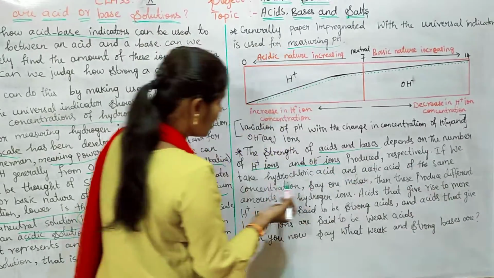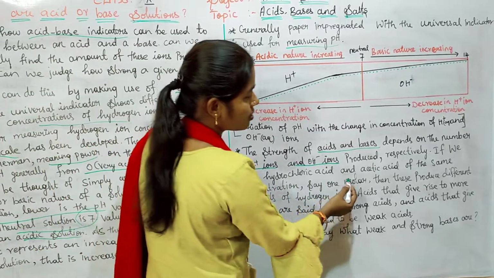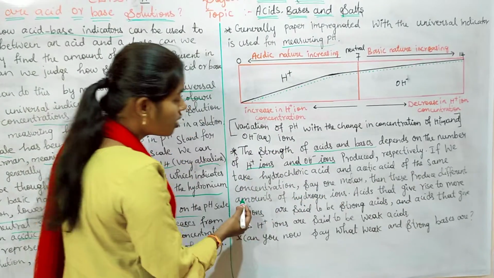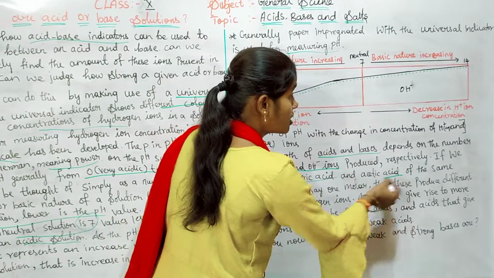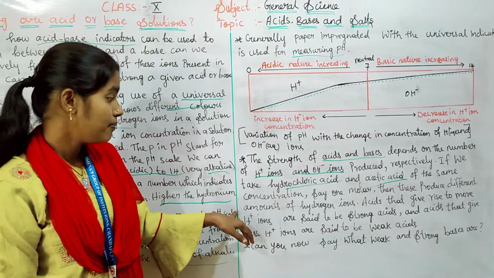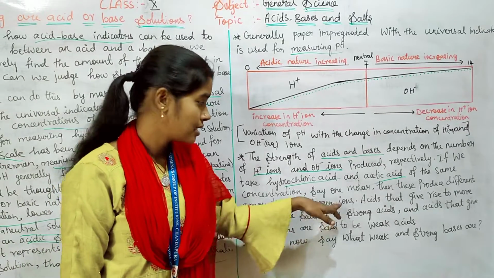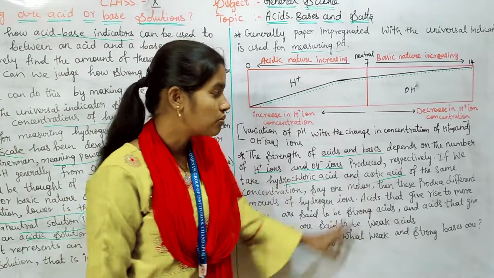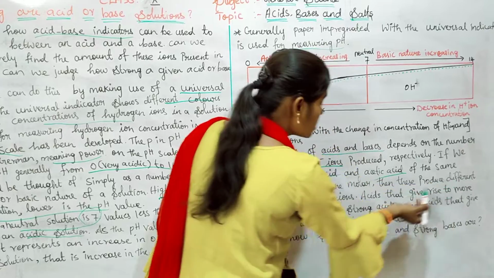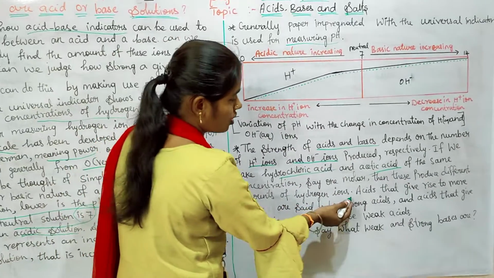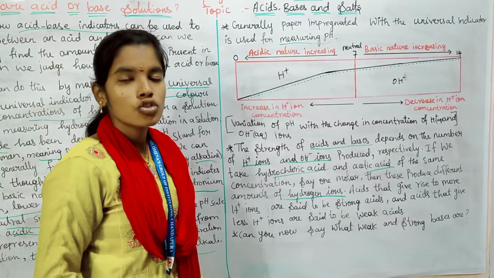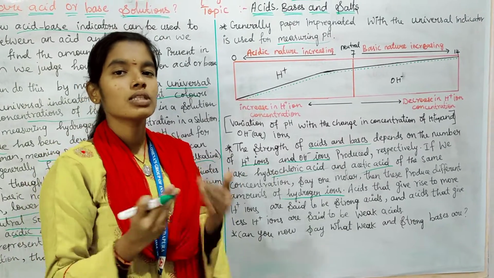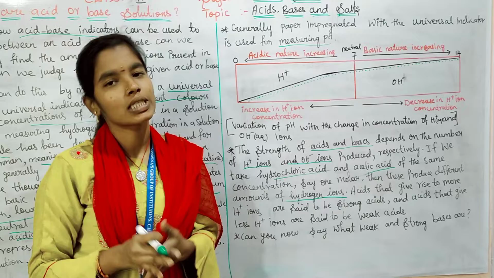If we take hydrochloric acid as well as acetic acid of the same concentration, say 1 molar, then these produce different amounts of hydrogen ions. So the concentration will vary, and according to that concentration the pH scale will show the color.